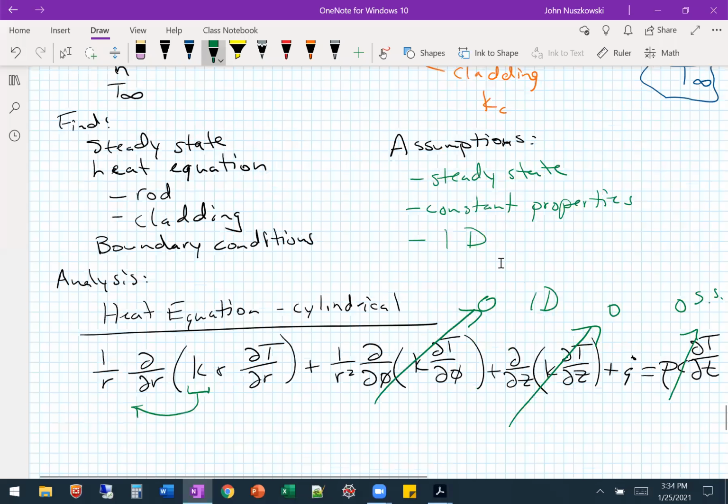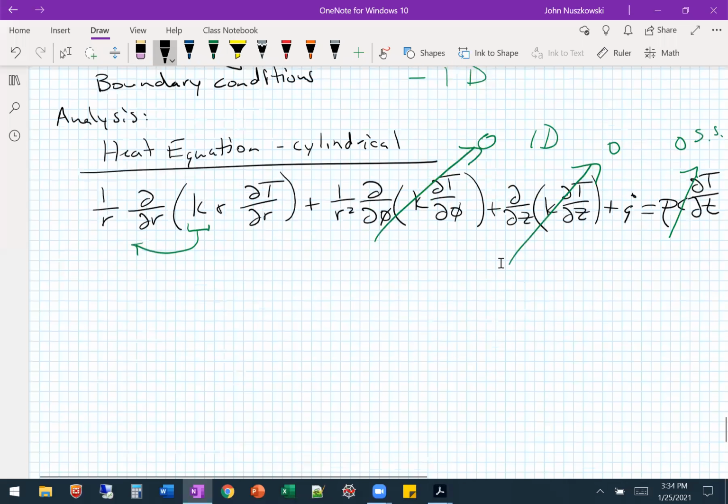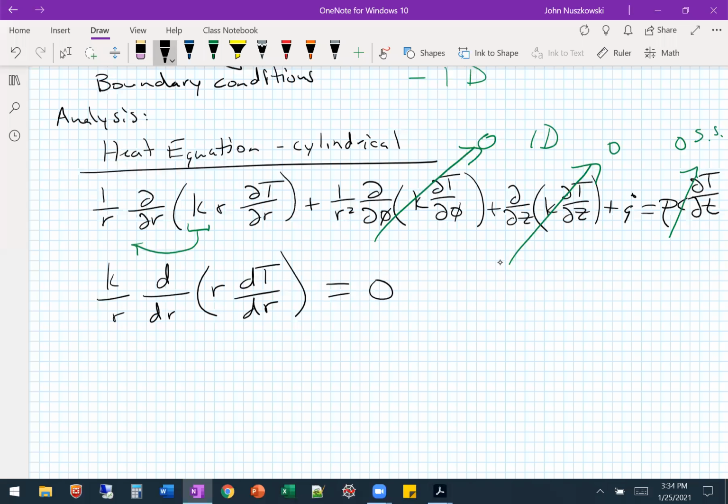Okay. All right, so it's K over r, and the only one left is r, right? So we don't have any partial anymore. Temperature is only a function of r in this case.